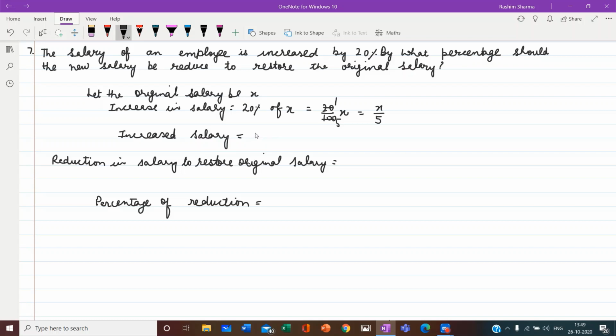It will be the original salary x plus the increase that he got, x on 5. So when we take LCM here, 5 is the LCM, so we get 5x plus x is equal to 6x on 5. So this is the increased salary and x is the original salary.